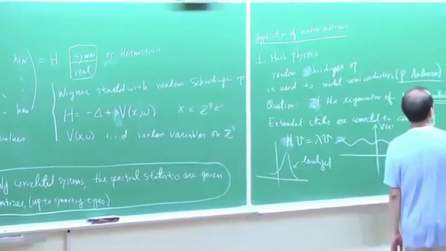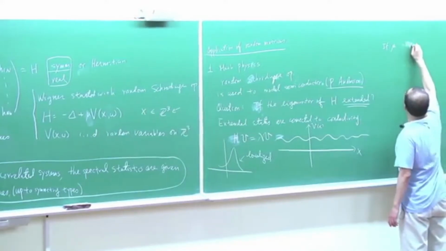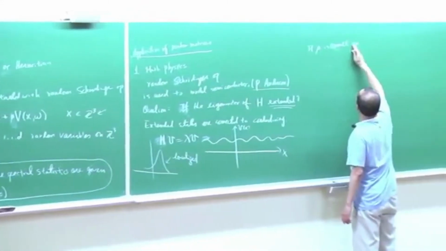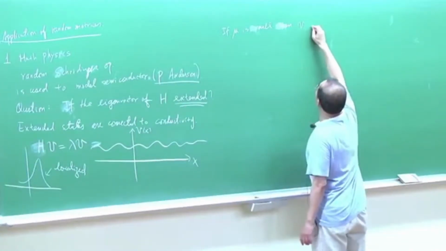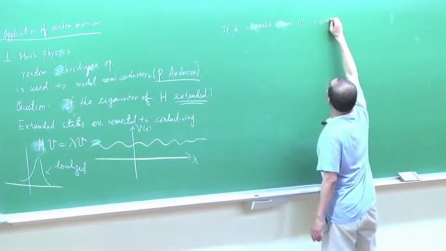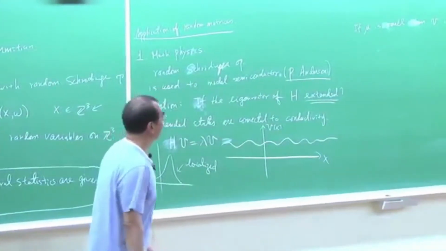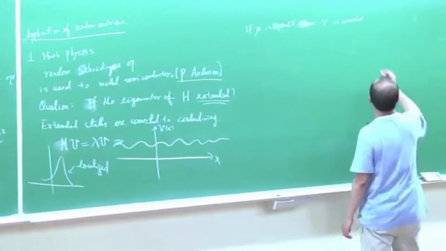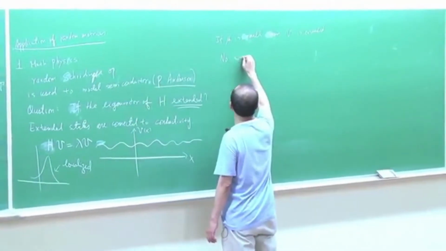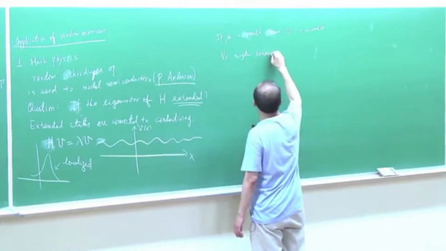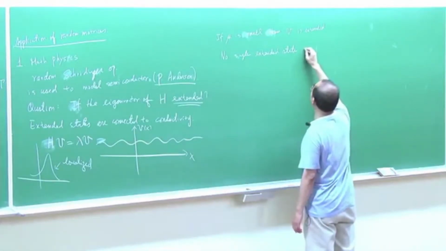The famous conjecture is that if mu is small, then V is extended. This question is open. Not a single extended state was constructed.